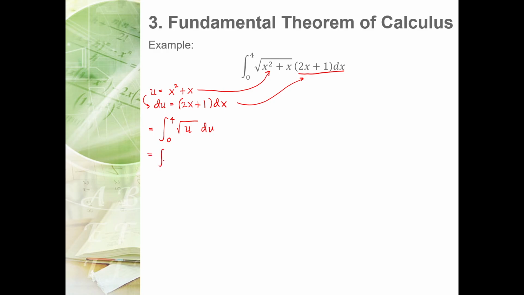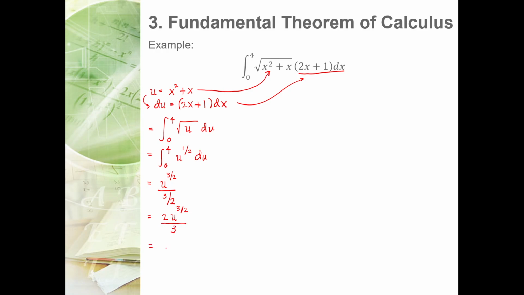So making it in exponential form, from 0 to 4, u to the power of 1/2 du. So the answer is u to the power of 3/2 all over 3/2, which gives us 2u to the power of 3/2 all over 3.